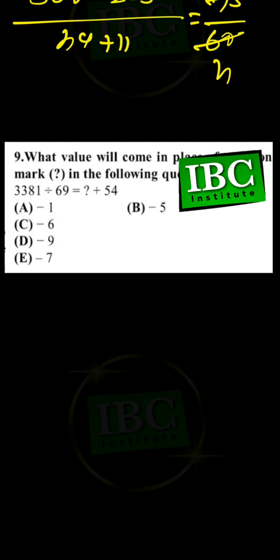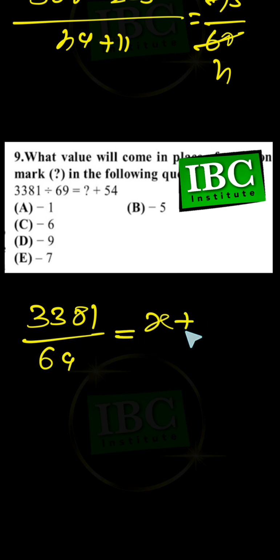And the last question: what value will come in place of the question mark? So we have to find out the question mark value. The question is 3381 divided by 69 equals x plus 54.